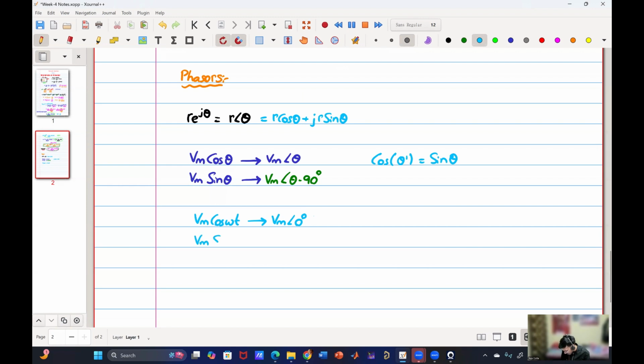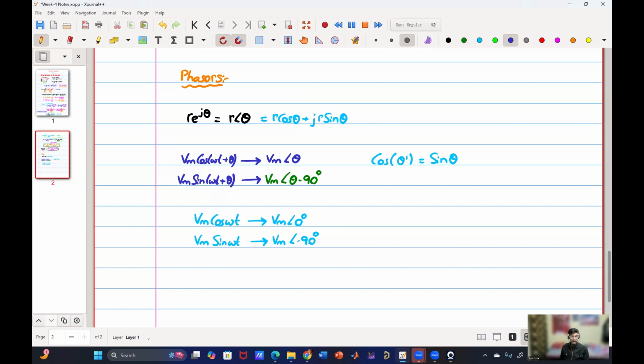So Vm sin omega t will be written as Vm angle minus 90 degrees. I should have written Vm cos(omega t plus theta) and Vm sin(omega t plus theta).